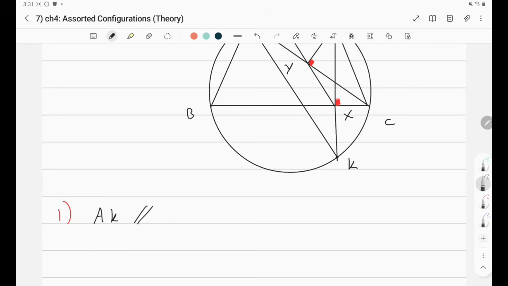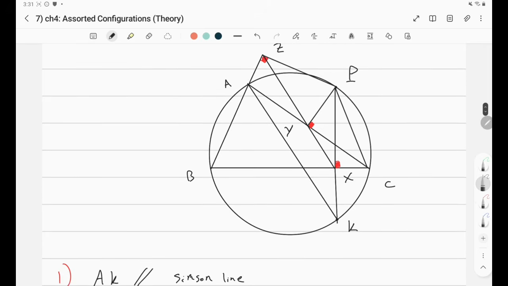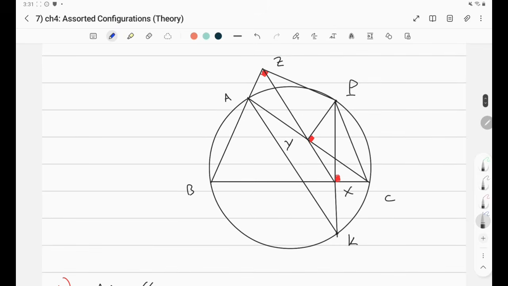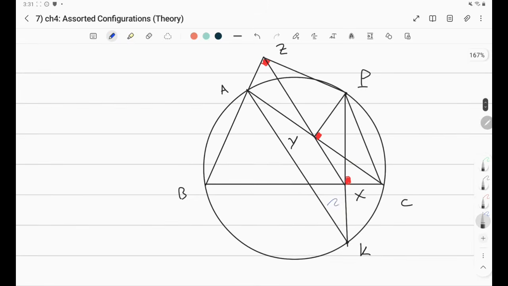So we want to prove that AK is parallel to the Simpson line. Alright, how can we do that? Try to always pause the video and prove it yourself. Okay, so the idea here is we just want to go for an angle tracing. We want to show these two are parallel, so we can, for example, go for these angles, this one and this one. So how can we show that this angle is equal to this angle?